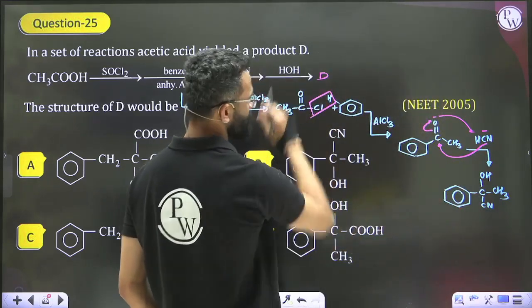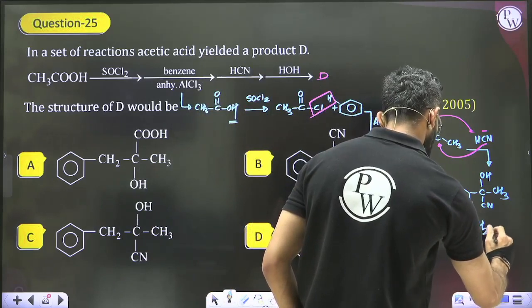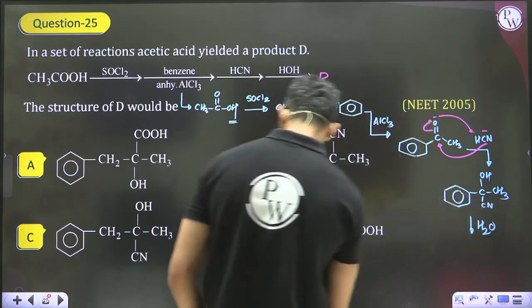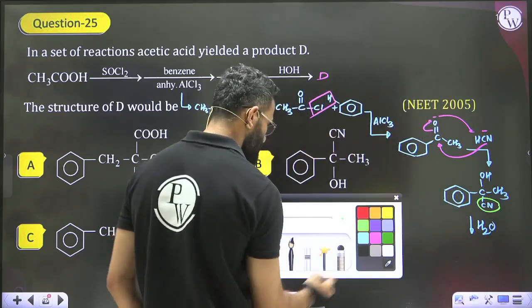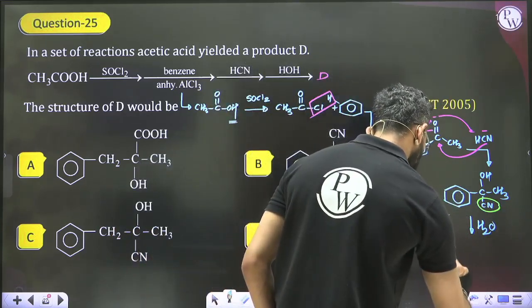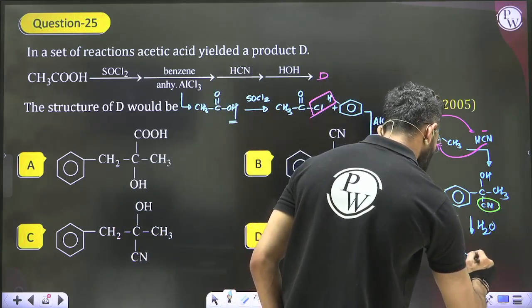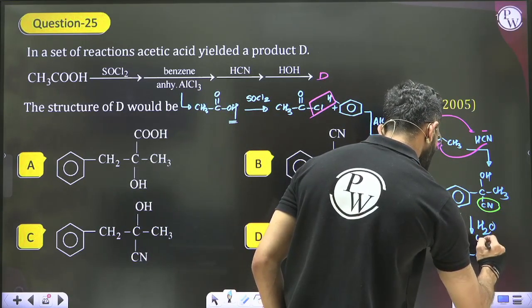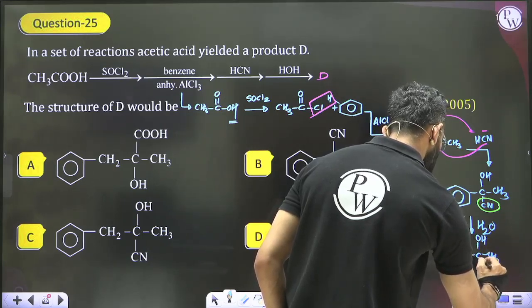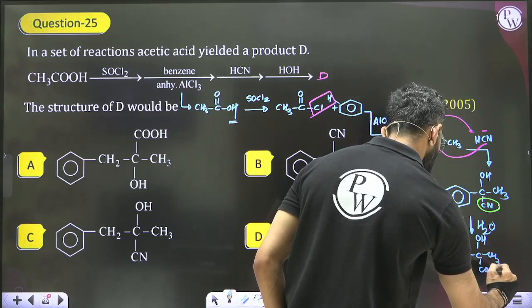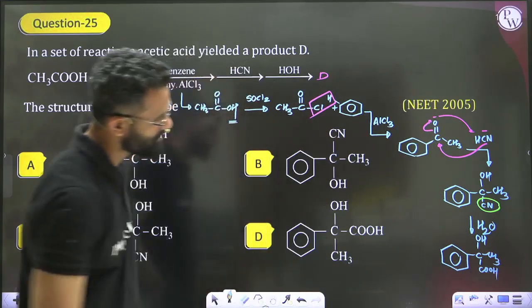This compound is then further hydrolyzed. So upon hydrolysis, cyanide group here will be hydrolyzed to COOH. Hence the product would be C(OH), CH3 and COOH.